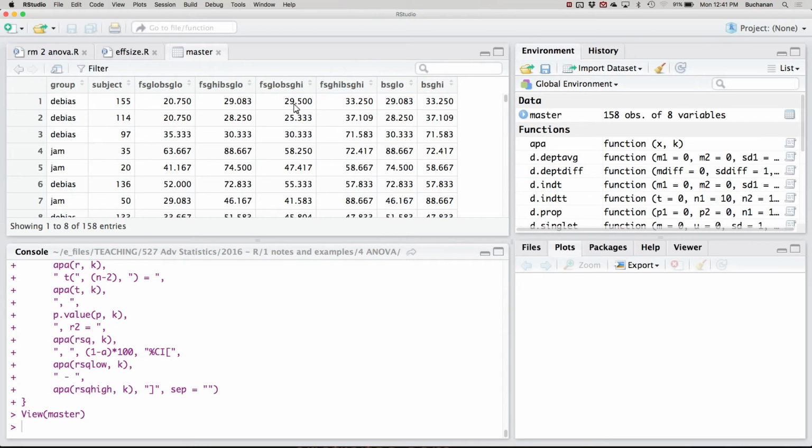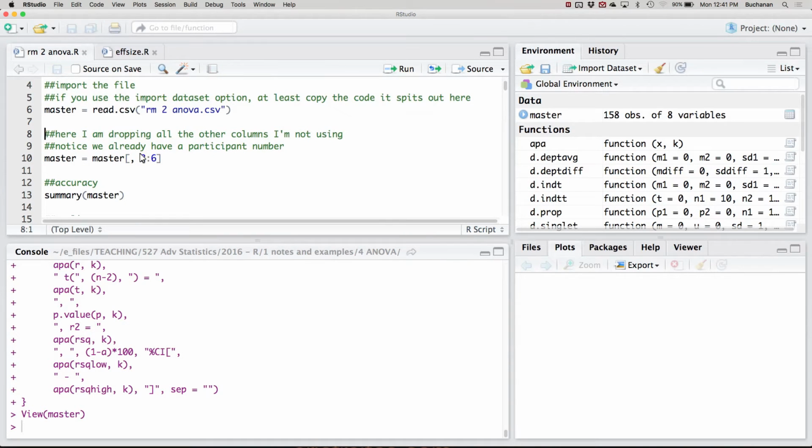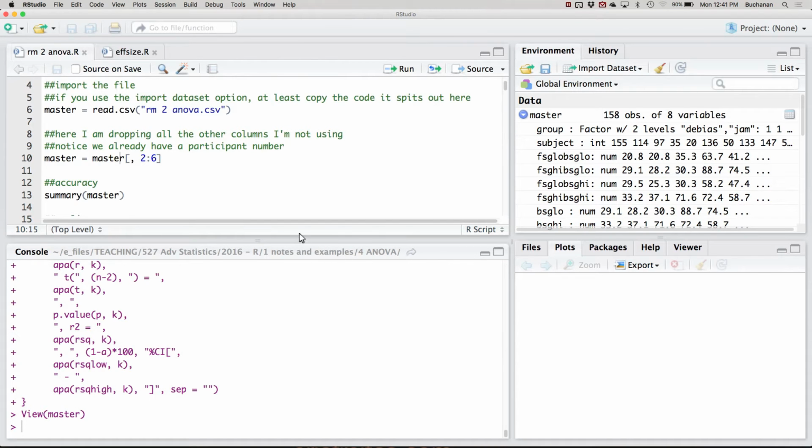They get their own row. And that's how we want a data screen, because it'll account for the fact that each person is their own person. But I want to get rid of these two columns and my group number, because we're not using those data points right now. So this right here is just a note. This is why we're doing this. And I already have a subject number, so I'm going to keep using it.